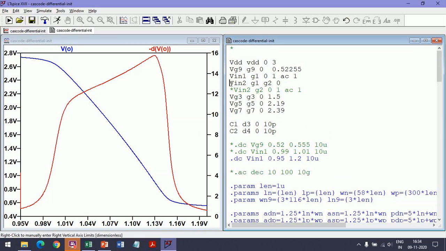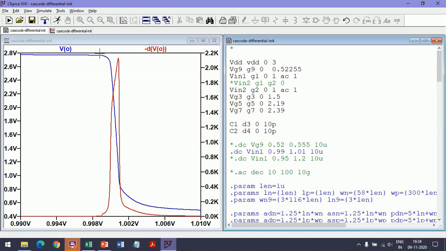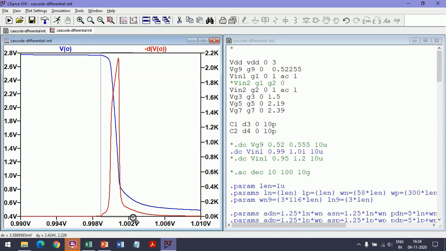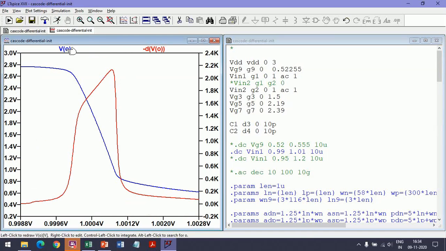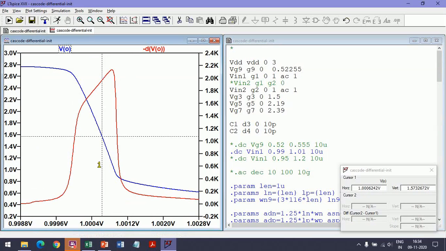Let's do one more simulation just to complete this. Again, we'll apply a differential mode input. Let's do a sweep with a differential input. So we'll apply an input only at one of the inputs. The other input is constant at 1. Let me check and make one more observation. So this is at 2.6 volts, and the input is exactly 1 volt.